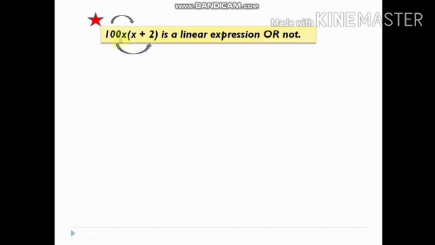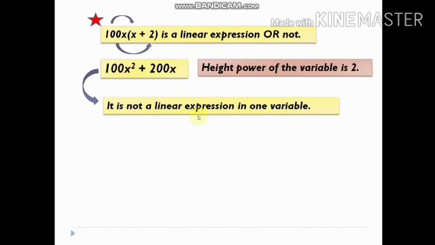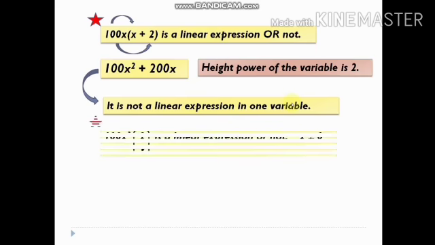First we will multiply 100x by this x, and then we will multiply 100x by this 2, and then we will get 100x square plus 200x. As you can see here the highest power of the variable is 2.